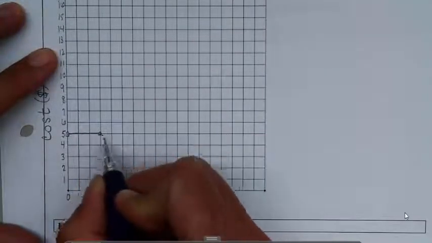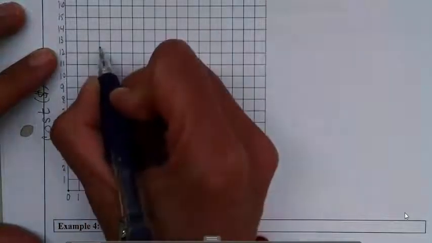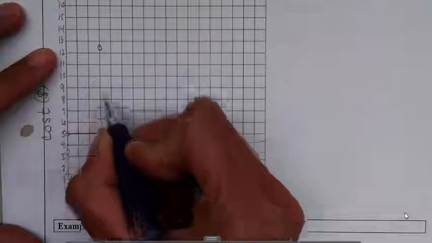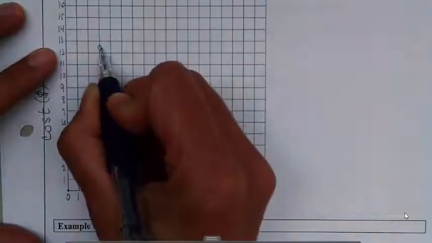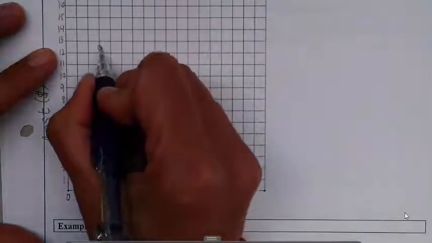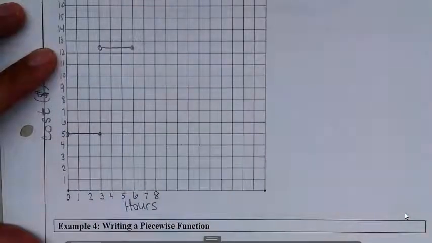So if I stay 1 second after 3 hours, my rate jumps up to $12.50. I'm going to go halfway here, but I'll have an open dot there because at 3 hours I'm paying $5. So I can't pay $5 and $12.50. And then this goes all the way up to 6 hours total. So at 6 hours I'm still paying $12.50.